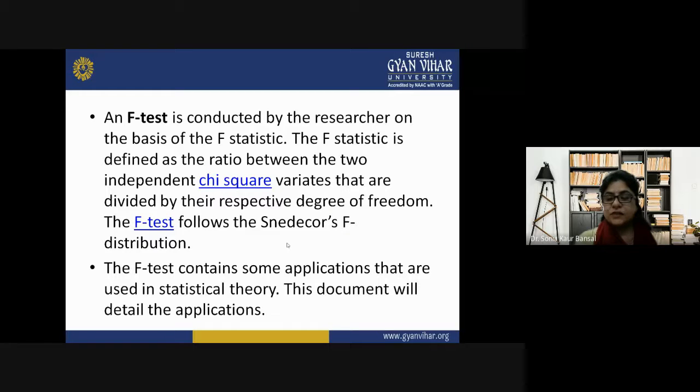The F-test has some applications that are used in statistical theory, and this document details the applications.